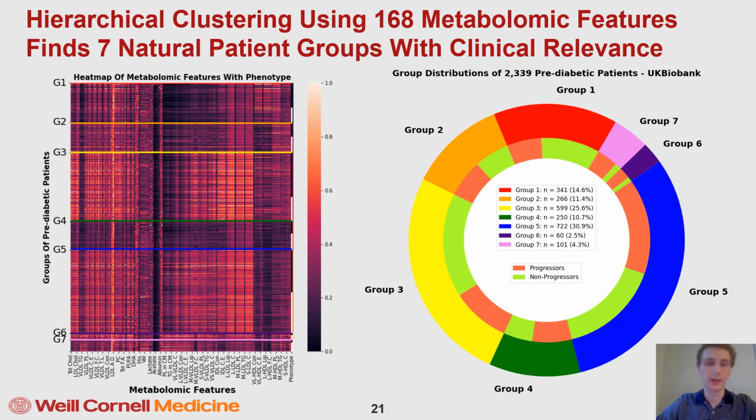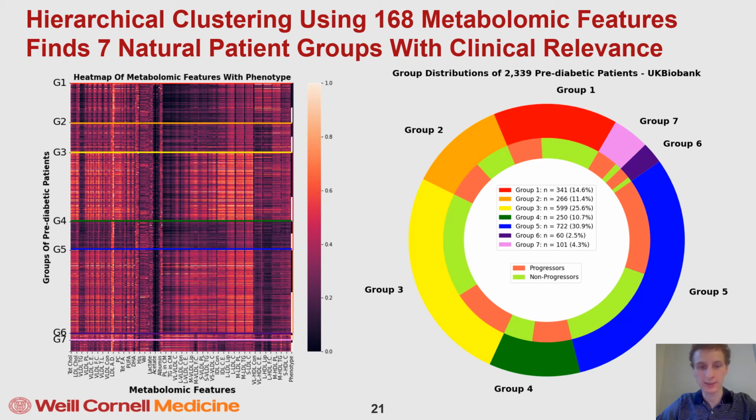So the outcome of this clustering is the determination of these 7 natural patient groups shown on the y-axis here. Each of these rows represents a different patient, so these patients all correspond to group 1, these patients correspond to group 2, and so on.